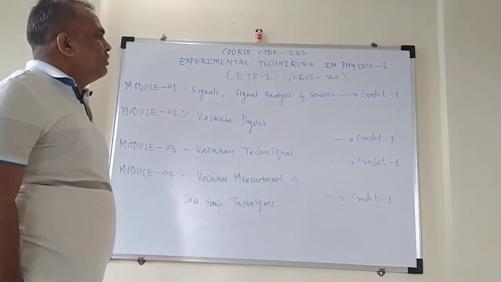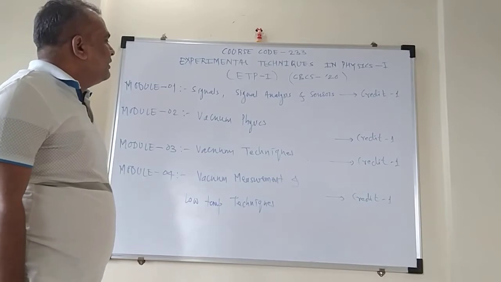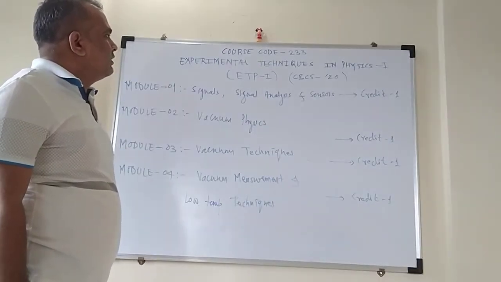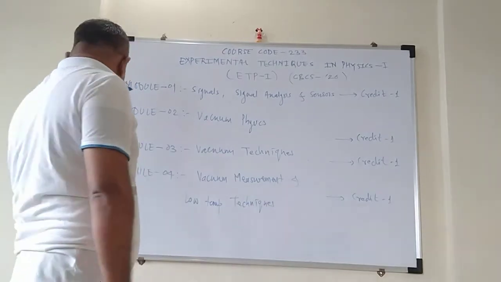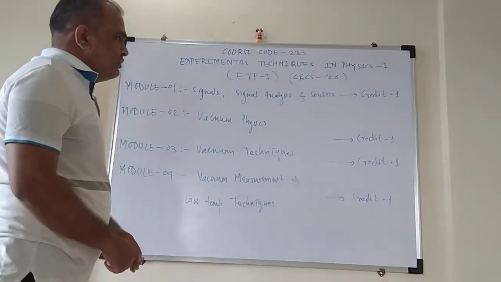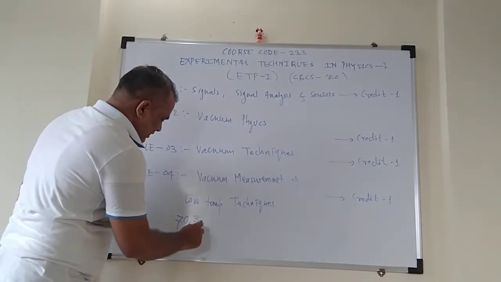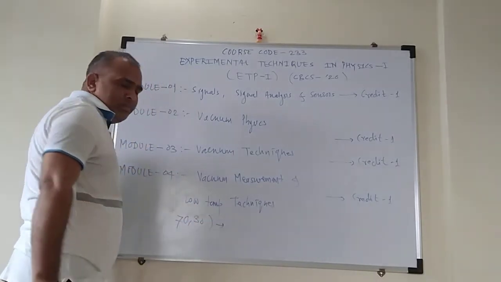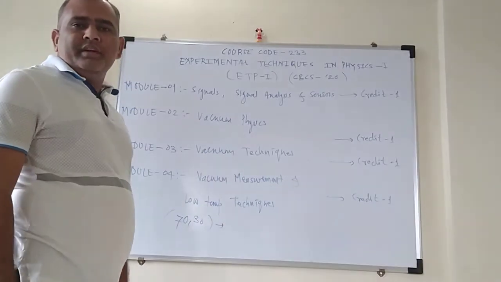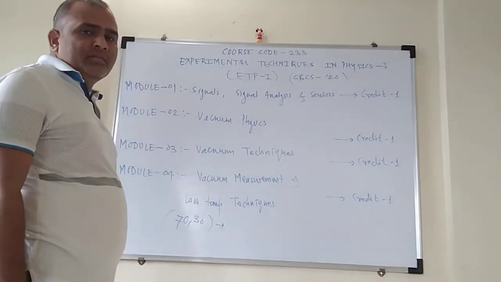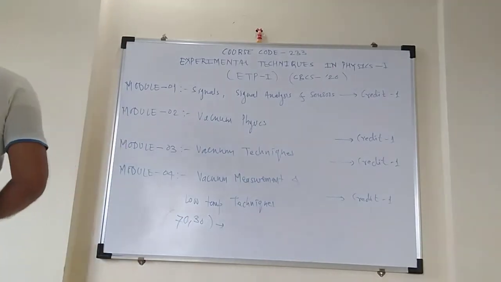Now let us study the course structure. The course structure is 70-30, as you all know. That means there will be a 70 marks university paper and a 30 marks internal paper.